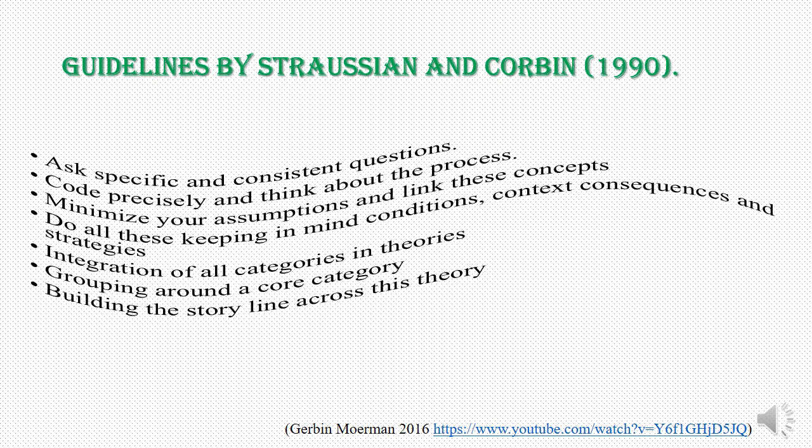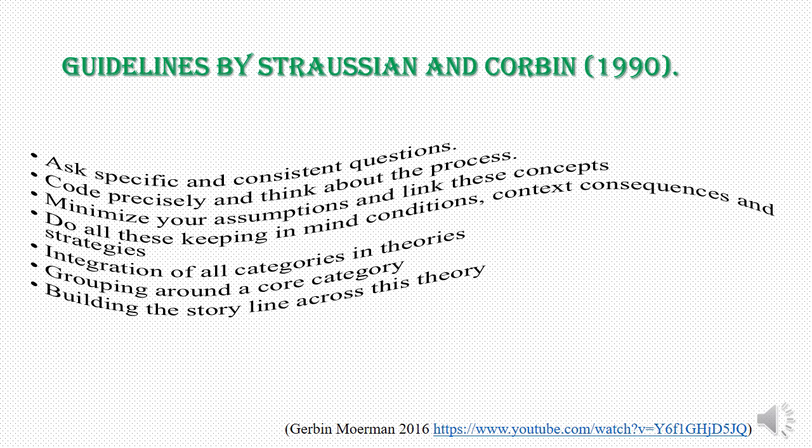Here are some of the guidelines given by Strauss and Corbin in 1990. They used to say, ask specific and consistent questions, then code them precisely and think about the process. Minimize your assumptions, which we call bracketing, and link these concepts. The concepts that you have got through coding, through the answers to the questions you asked, you have to develop.